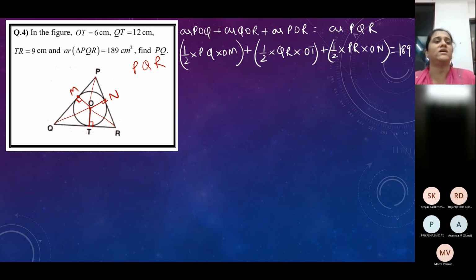This is the equation. The idea here is that when you look at this figure, you should divide the whole triangle into 3 smaller triangles by joining O to P, O to Q, and O to R. Then the sum of the areas of the 3 small triangles is equal to the area of the big triangle. That's all. You should write that.